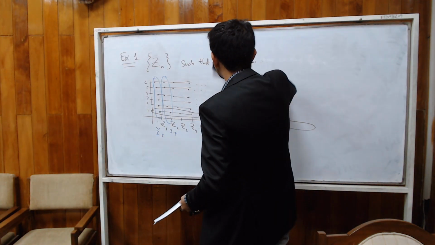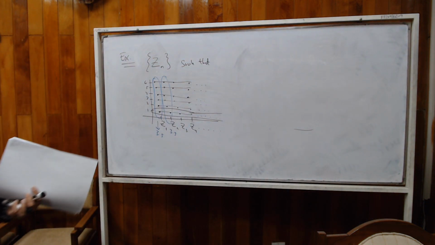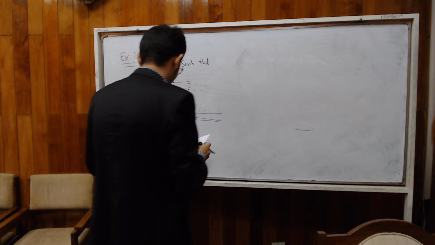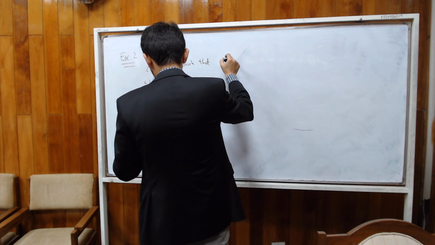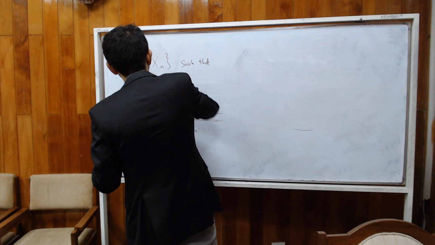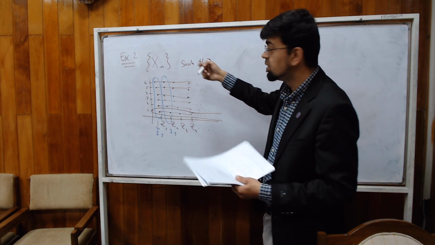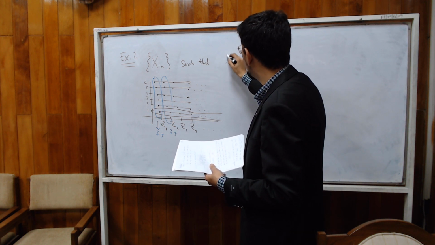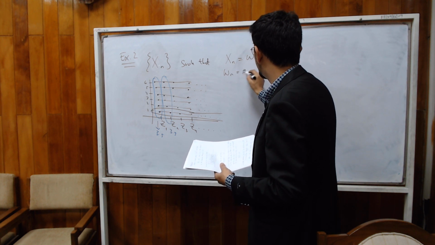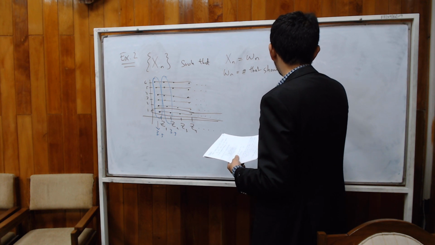In example 2, there is a sequence, let's call it Xn to keep it different from our Z, a sequence of random variables within a random process, such that Xn equals omega n, and omega n is the number that shows on the nth throw.